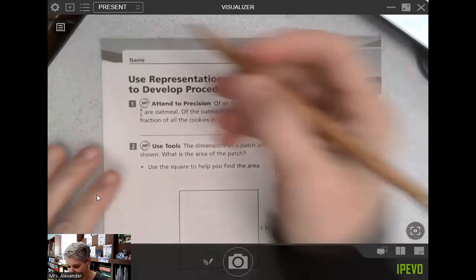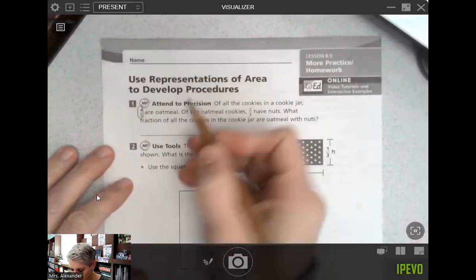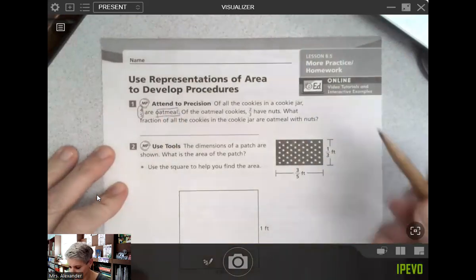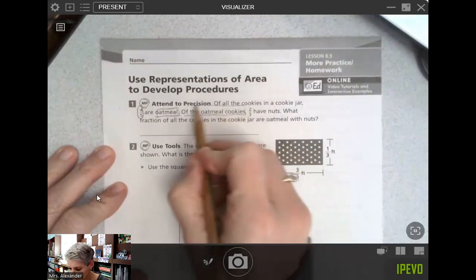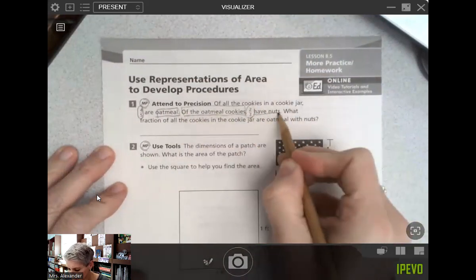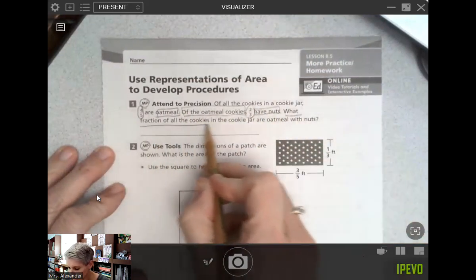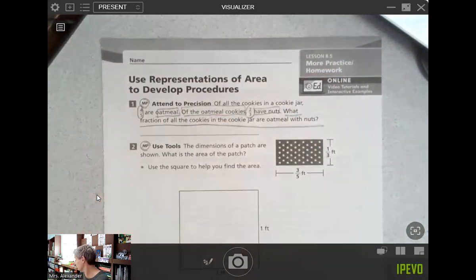We're still doing some work with fractions here. 4/5 are oatmeal. Of the oatmeal cookies, that's important to note, 2/3 have nuts. So what fraction of all the cookies in the cookie jar are oatmeal with nuts?